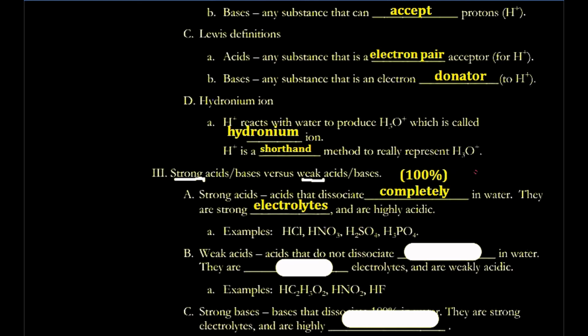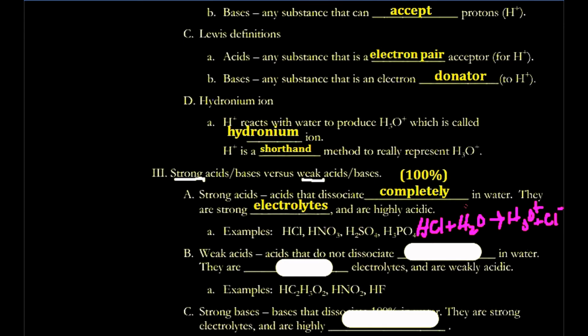And one way that you can tell that it is a strong acid is when their dissociation is written out in an equation. So HCl plus H2O will make H3O plus and Cl minus.